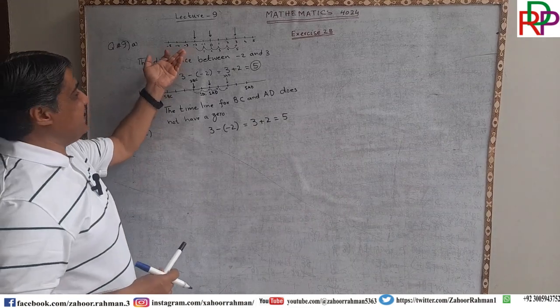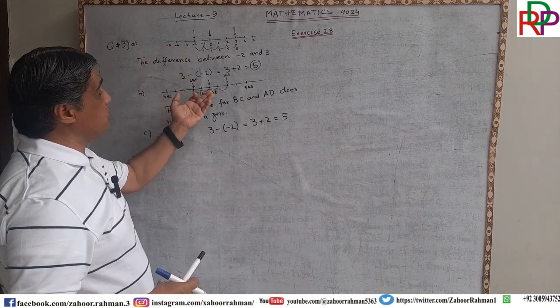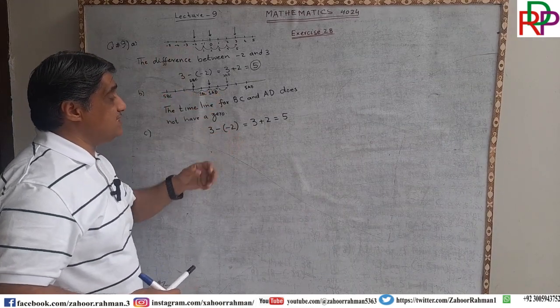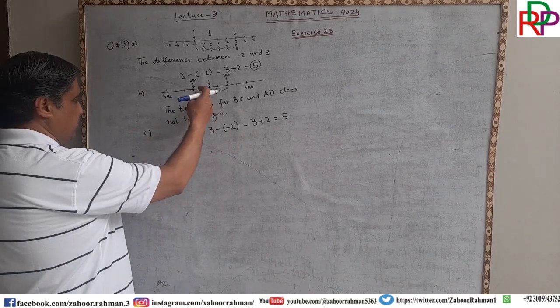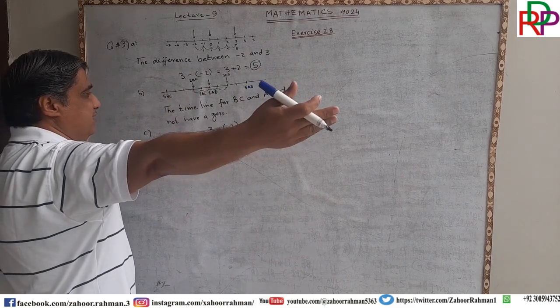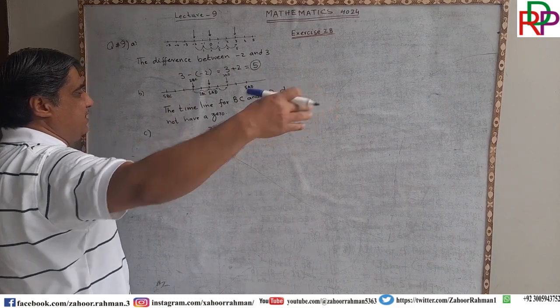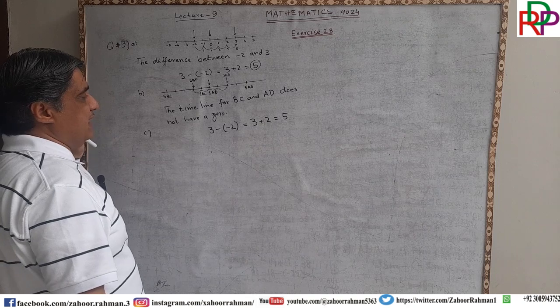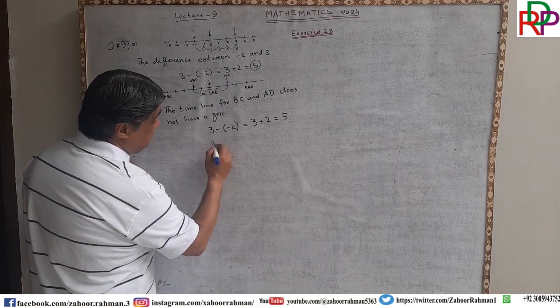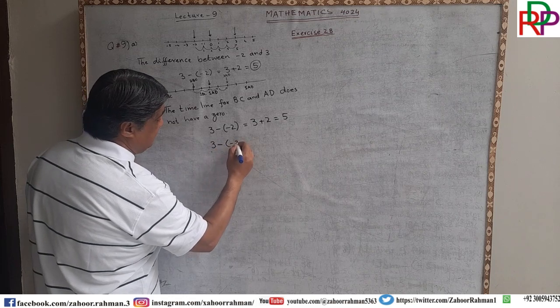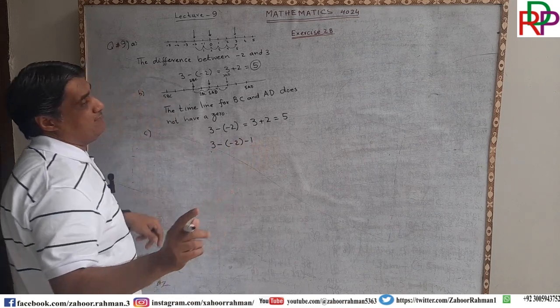And we are getting here 4: 1, 2, 3, 4. So this answer is not correct. Why? Because there is no zero, from where we get to the right and from where we get to the left. So the technical answer should be 3 minus (minus 2) minus 1.